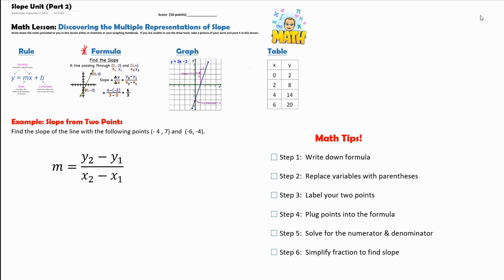And there is a formula, and I've created 6 tips to help you be very successful with this strategy. Our first step is to write down the formula.